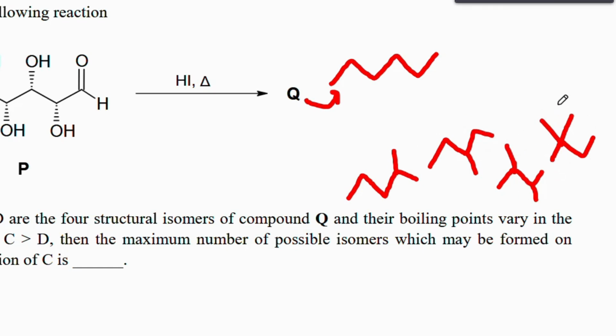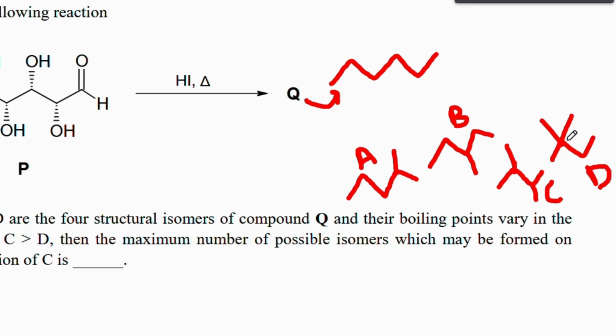Now, it's been given that the boiling points are in the descending order, and when we see the boiling points of these compounds, we find that the boiling point of A is the highest, although it is comparable with B, then comes in order C, and then comes D with the highest branching.